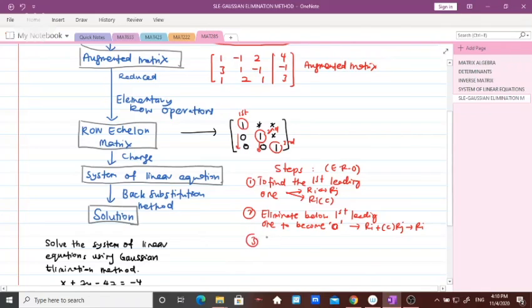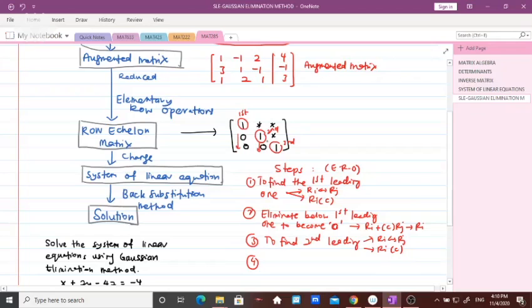Next step is to find the second leading one. We can use interchanging rows or multiplying a row by a non-zero constant, but make sure that the first row is locked.